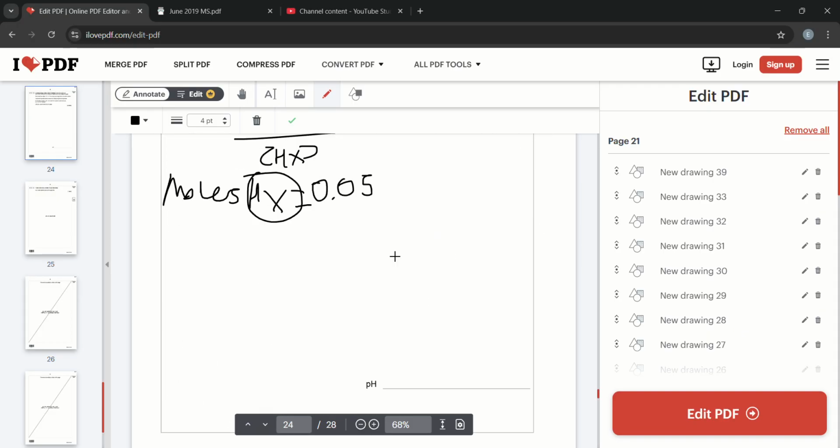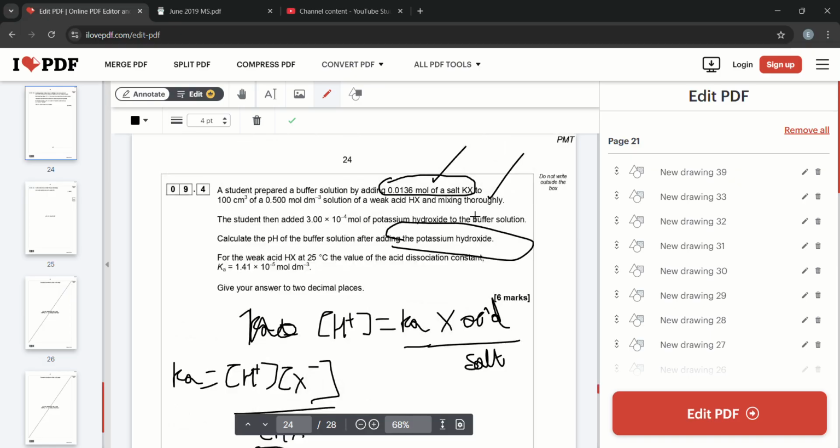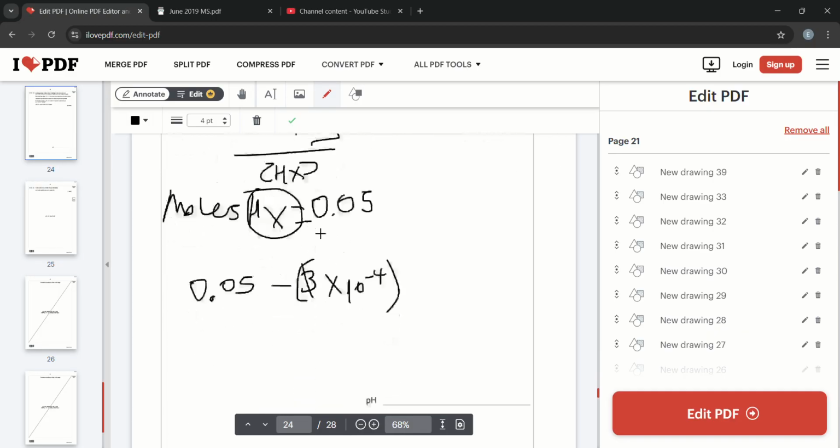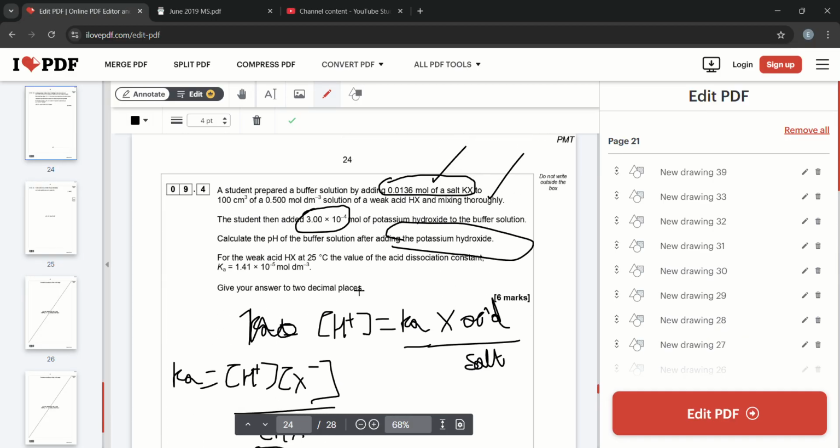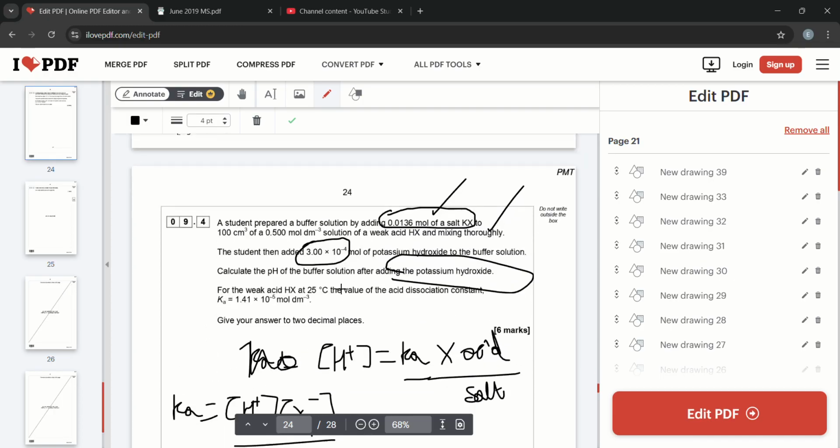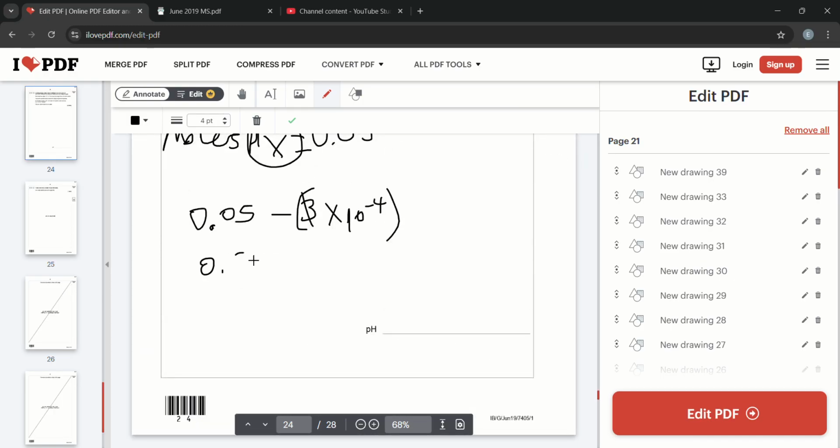We're going to do 0.05 minus 3 times 10 to the power minus 4. The thing you can notice is, once you subtract from one species the amount of potassium hydroxide we add to the buffer solution, the other thing we have the moles of, we add. So for the other thing, it's going to be 0.0136 plus 3 times 10 to the power minus 4. So just the opposite. So what do we get?